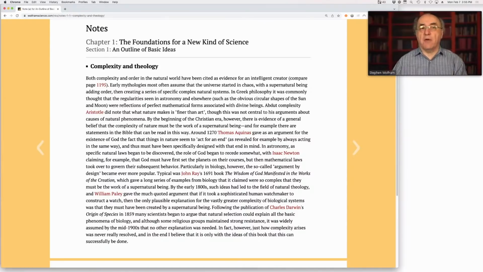Maybe with some of the things that we figured out from the physics project, we may finally have things to say about that question. But I think one of the big things in NKS was this question of, okay, where does complexity come from? Darwin sort of said it somehow must come from natural selection. We didn't quite know how. What I talk about a lot in NKS is the idea that you just pick a simple program at random, just as random genetic mutation might pick a program at random.